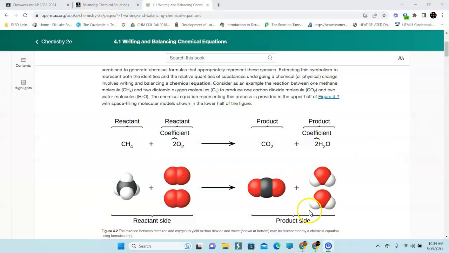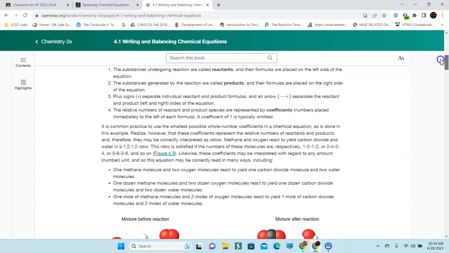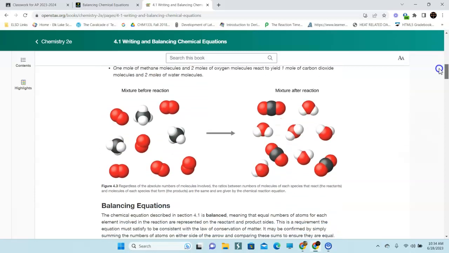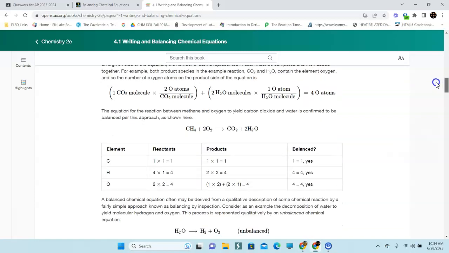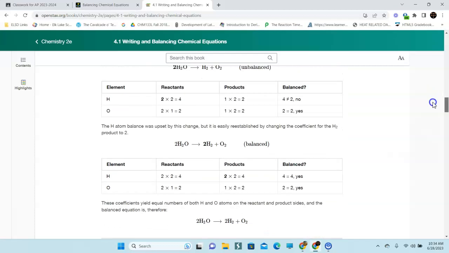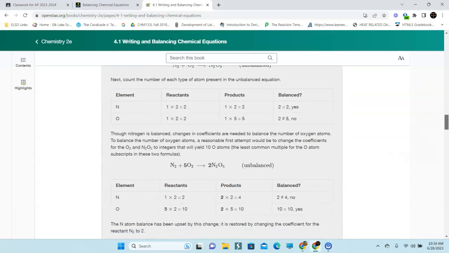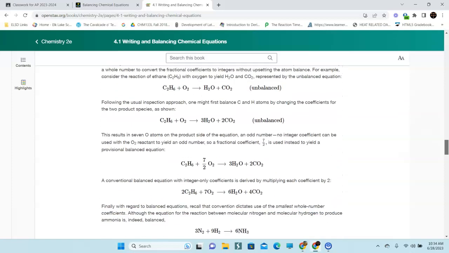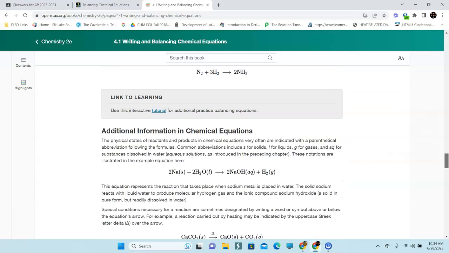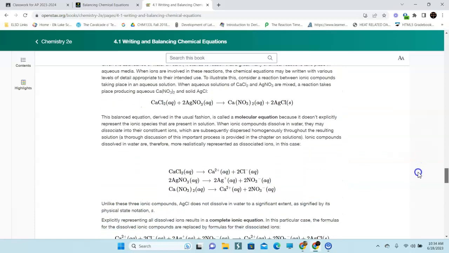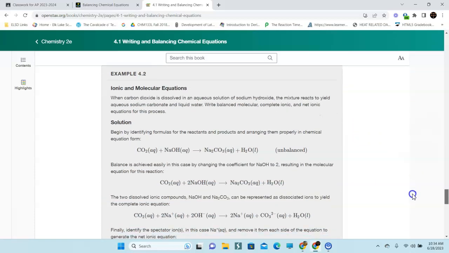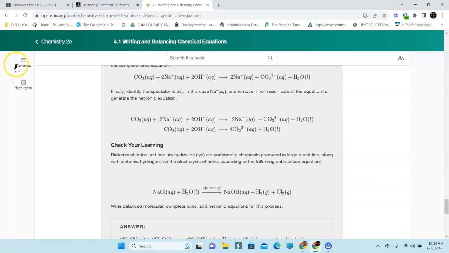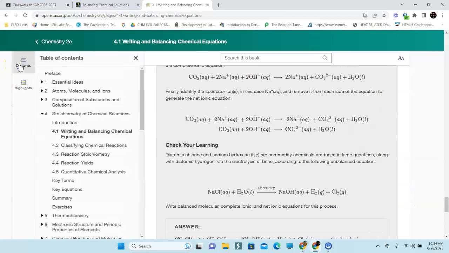So let's look through this section of the chapter. I would like you to read through this. It's a very easy read, nothing exciting. Make sure you pay attention to the examples, and look at this section on balancing chemical equations.